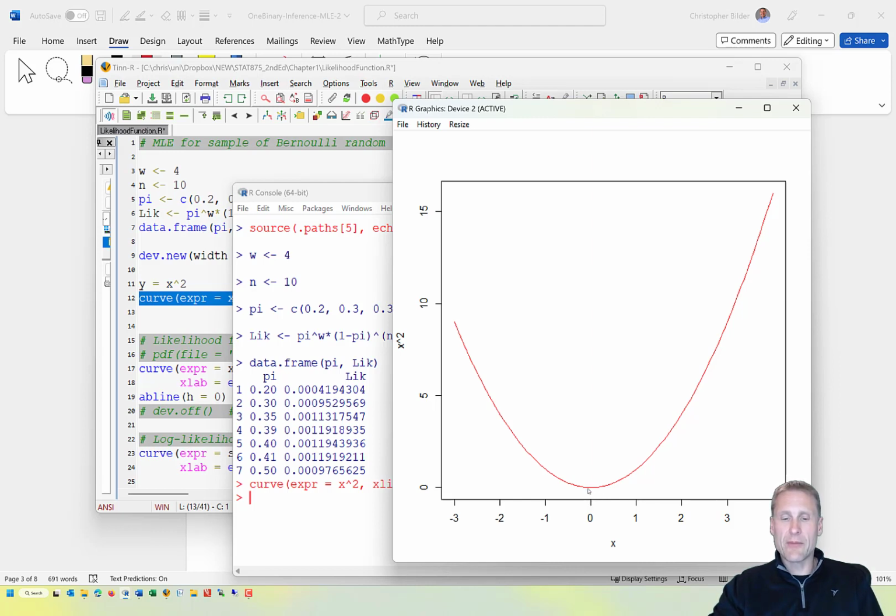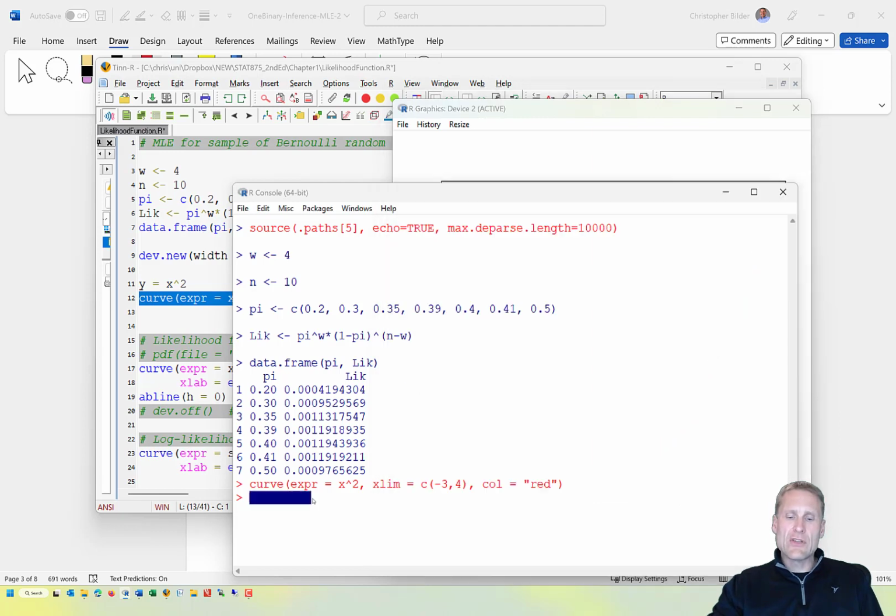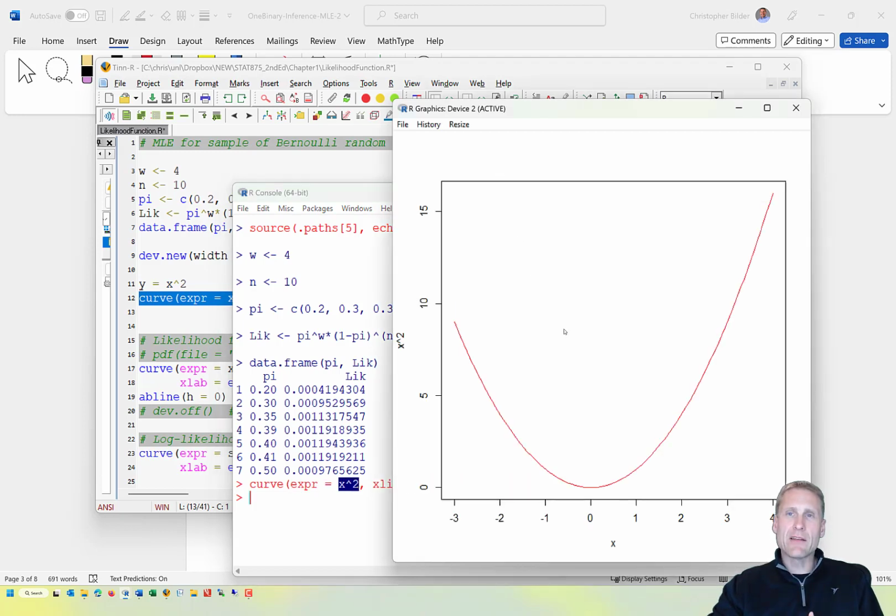And so there's my plot. And so what R actually does, by default, it will use 101 different possible values of x between -3 and 4, evaluate it, plot it, and then essentially connect the points, which you don't actually see, with a straight line. And since there's so many points there, you don't see that. In fact, it's actually not a perfect curve.